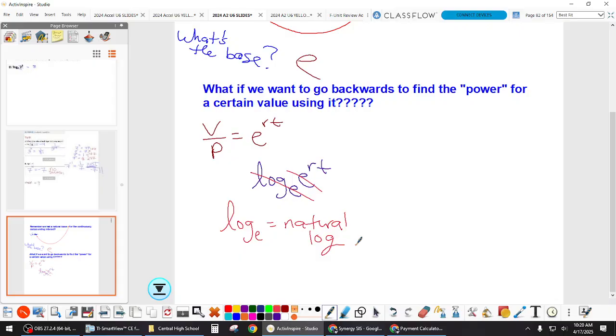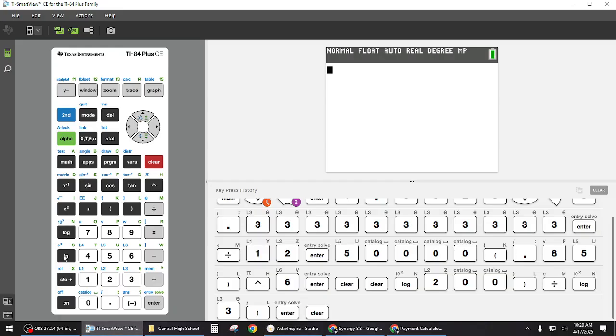And you will see it instead as ln. If you look at your calculator, right by the 4 button, what does it have? ln. So when you need to do the log base e problem, like our P equals rt, you're doing the natural log rather than going through all the menus trying to find log base e. You don't need to do it that way.